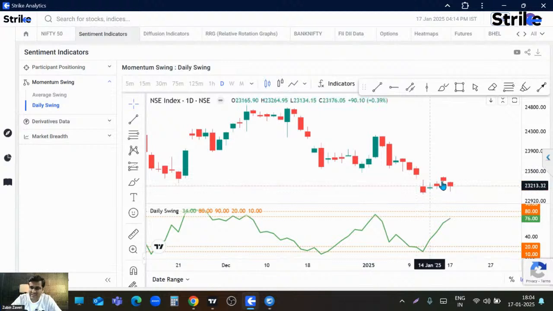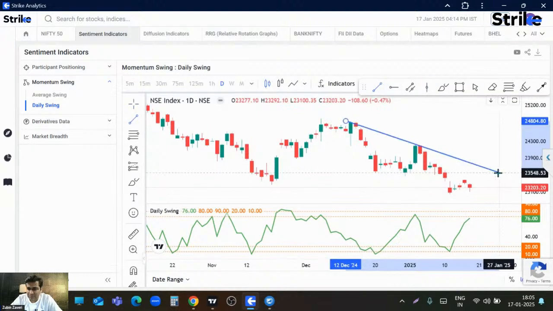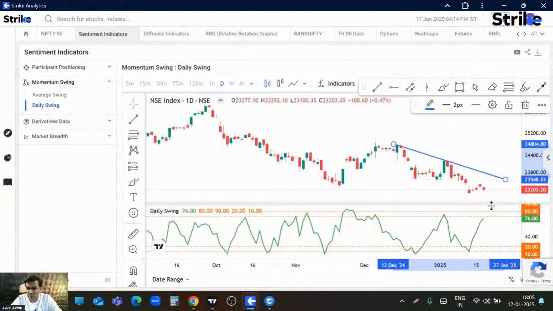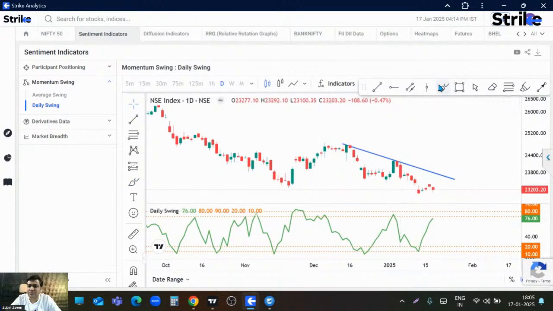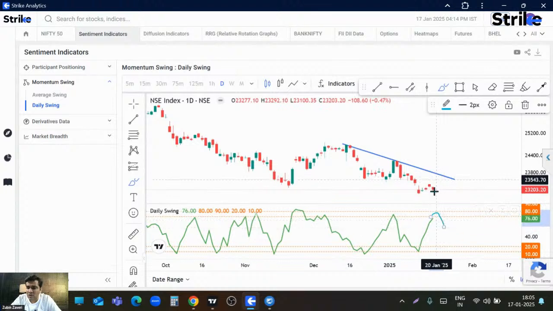But Nifty as such did not give a strong bounce back, which means that we are still in a downward trend. Maybe one more green candle, or a small doji if it appears, and this daily swing indicator can quickly go to the overbought zone like this. Then when it starts falling down, maybe Nifty can start cracking down once again.